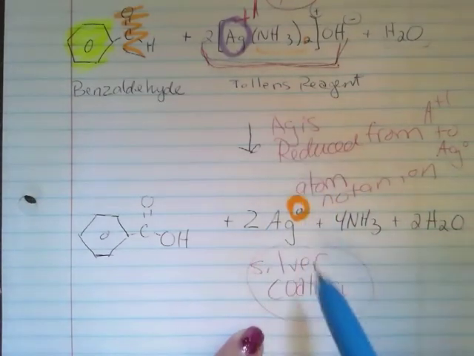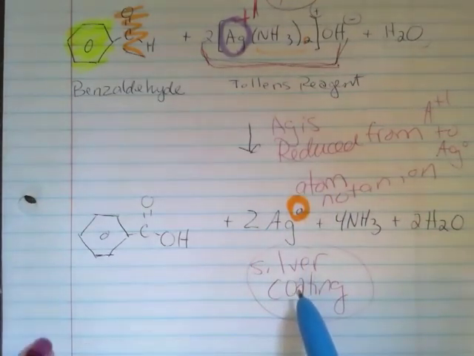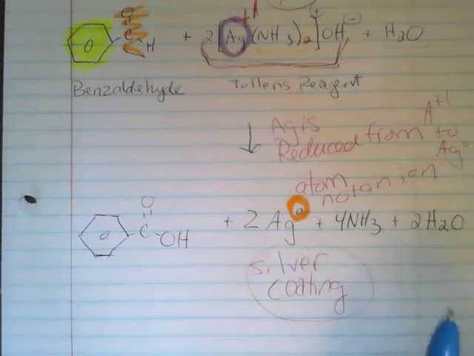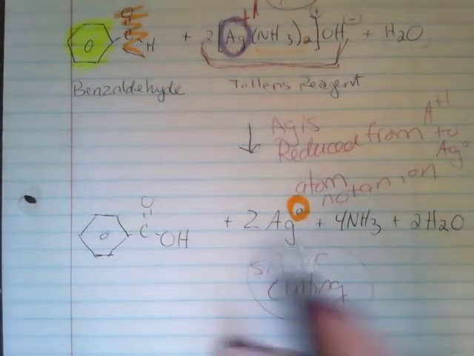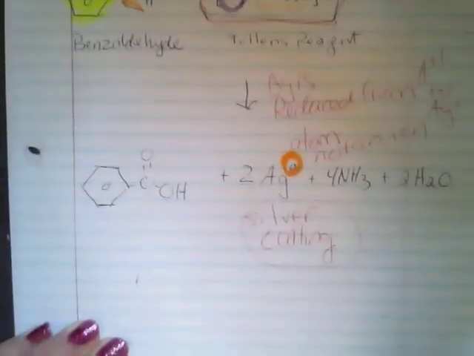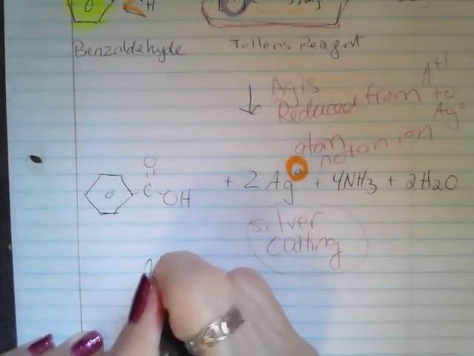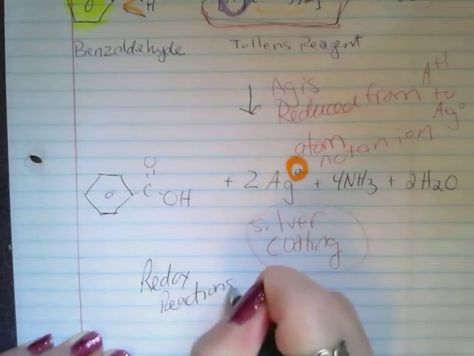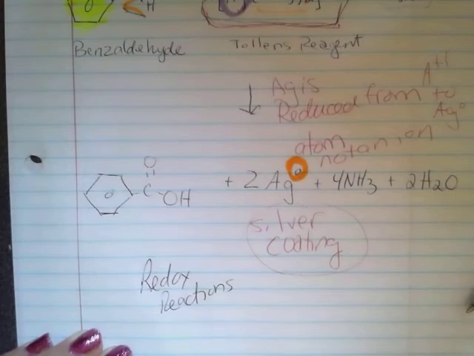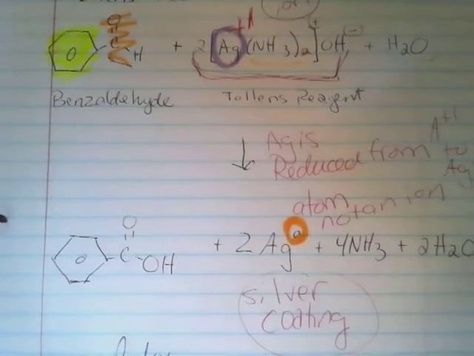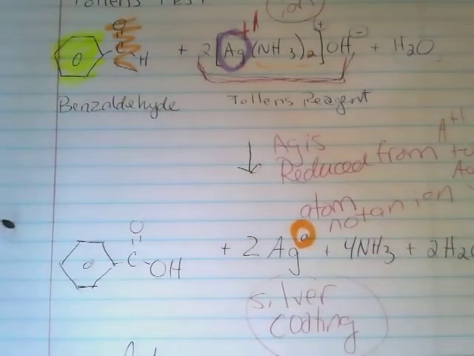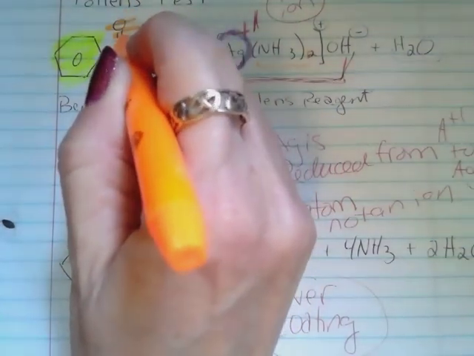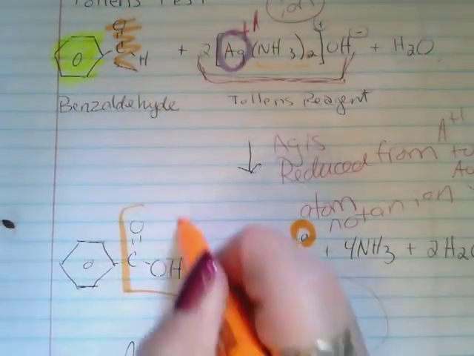Now, when something is reduced, something else has to be oxidized. So oxidation and reduction, they're commonly given the name redox reactions. Because when one is reduced, another one has to be oxidized, or vice versa. When one is oxidized, another one has to be reduced. So if you'll notice over here, this carbon is oxidized.